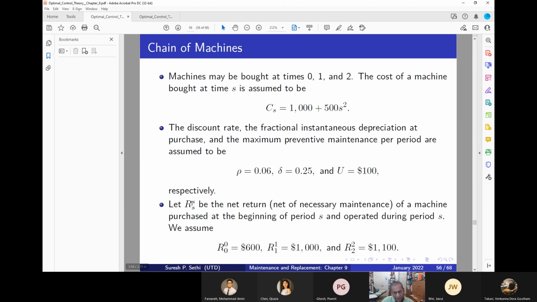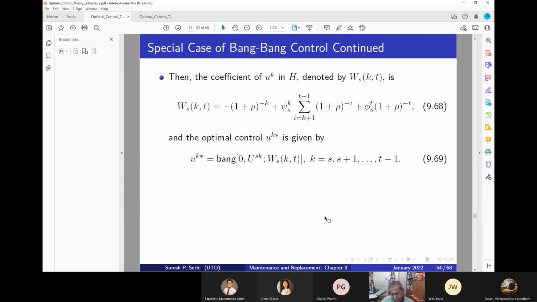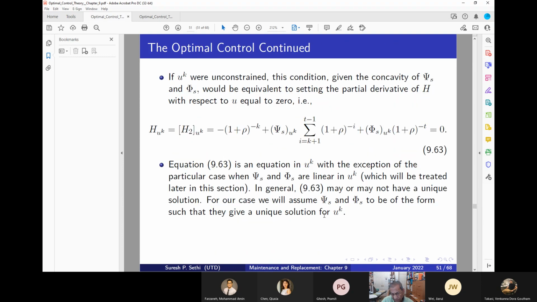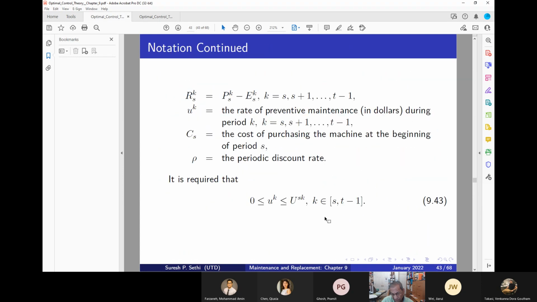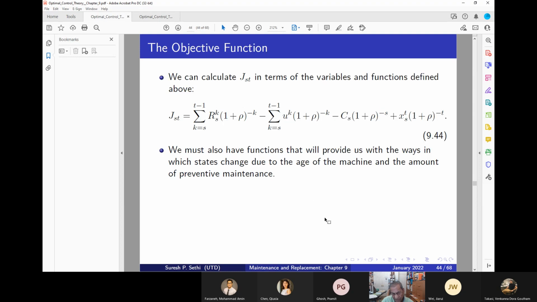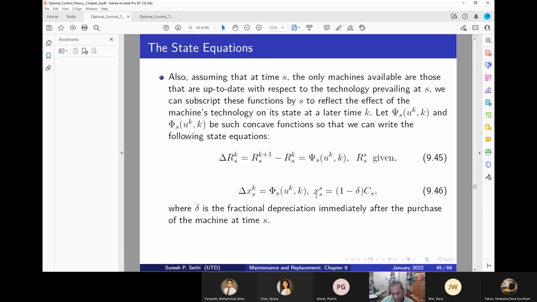What do I do? RSS is the net return of a machine purchased at the beginning of S and operated during period S. Okay, that's just one period. So R00 is 600, R11 is 1,000, R22 is 1,100. We need this because we need initial condition XSS.